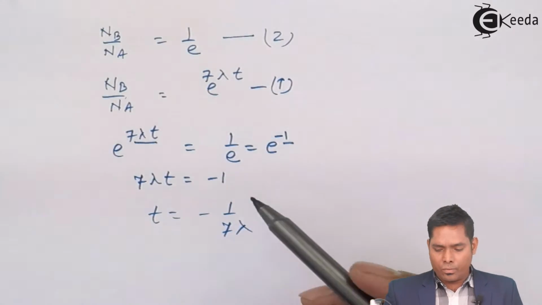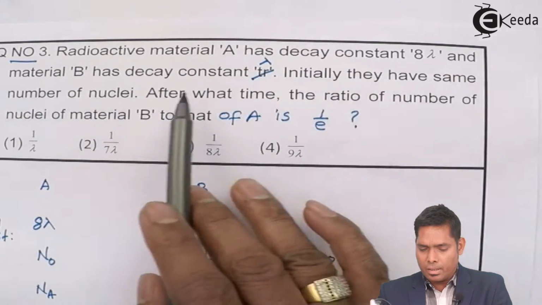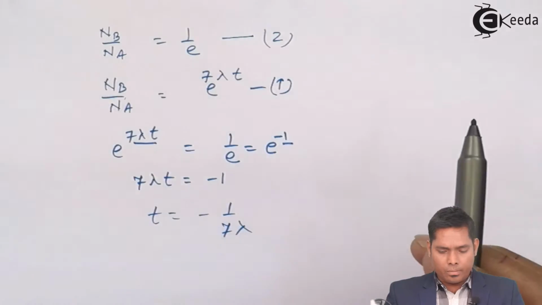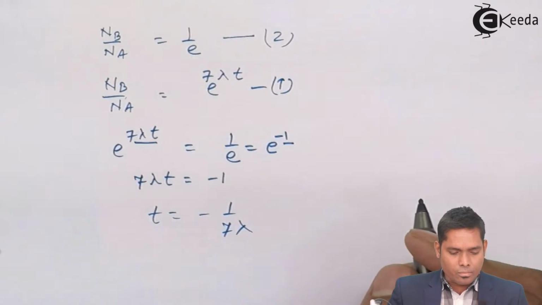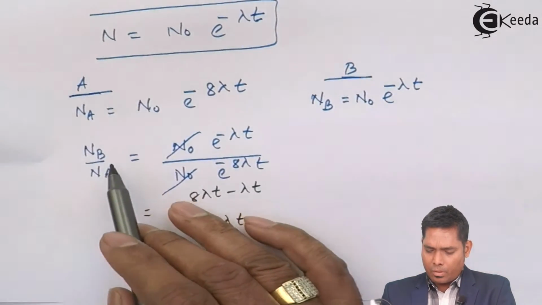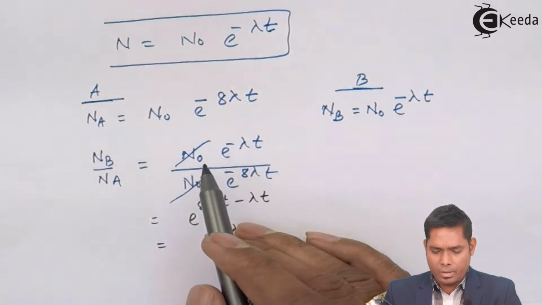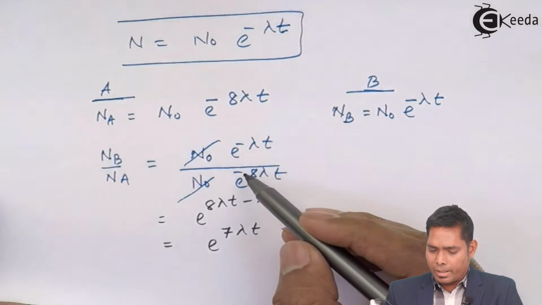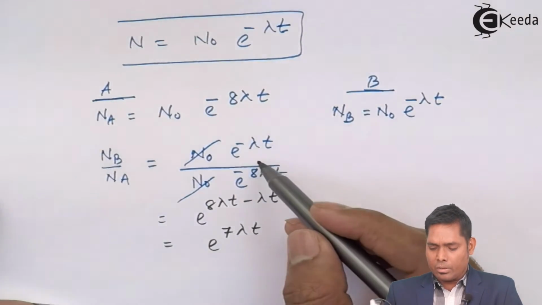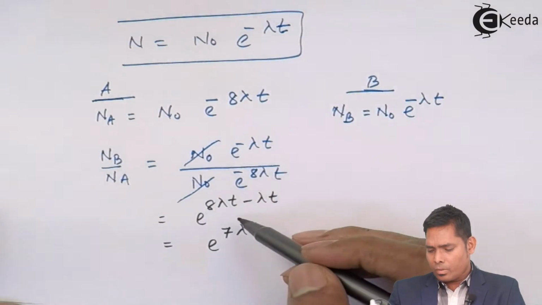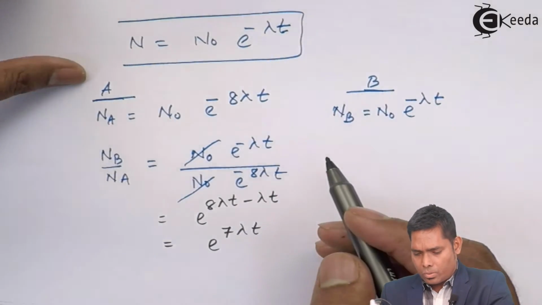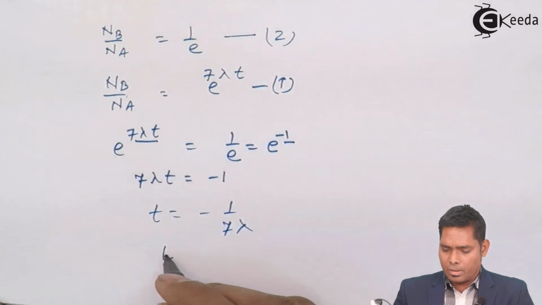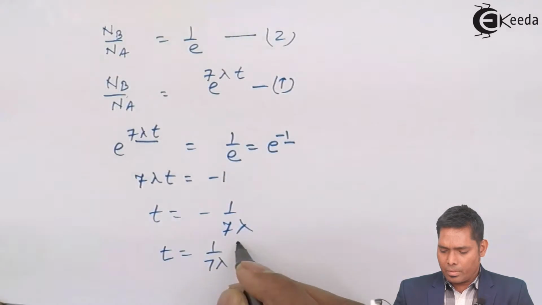Initially they have the same number of nuclei. If you take the reciprocal of that, NA over NB, then it will be plus, otherwise it is minus. So magnitude wise, time cannot be negative, so t can be 1 over 7 lambda.